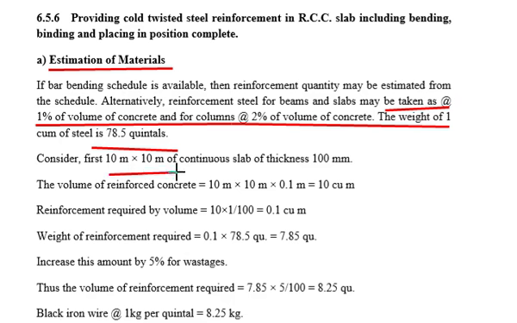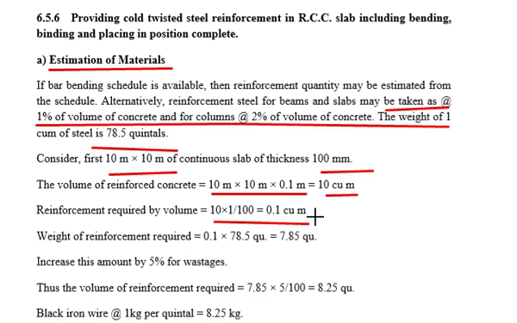Consider a 10 meter continuous slab at 100 mm thickness. The volume of the concrete, we have to calculate, that is 10 into 10 into 0.1, that is 10 cubic meter. Clear? Reinforcement required by volume, that is 10 into 1 by 100, that is 1%.